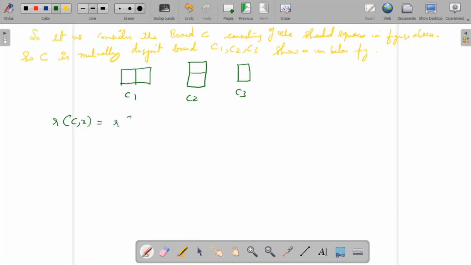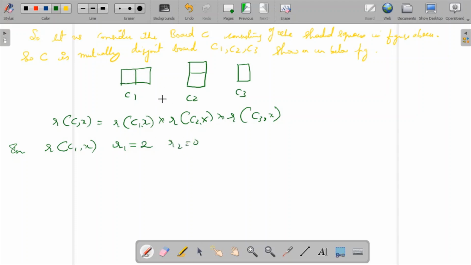R of C of x is R of C1 of x into R of C2 of x into R of C3 of x. Find R of C1 of x, where R1 is equal to 2, whereas R2 is 0, since there is no combination, and R3 is also 0. So R of C1 of x would be 1 plus 2x.